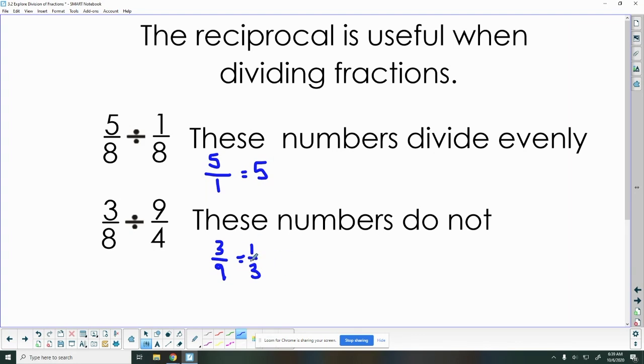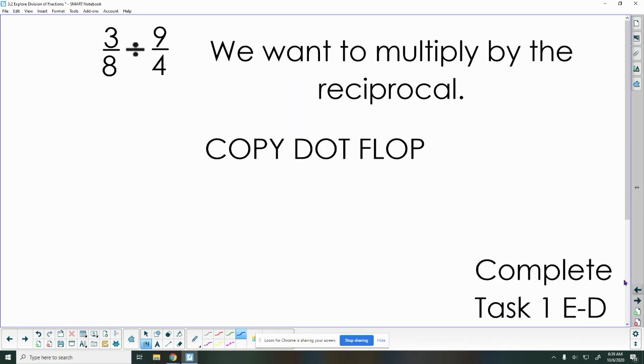That didn't end up in a nice whole number. 8 divided by 4 is 2, but I can't have 1/3 over 2. I can't have a fraction on top of a fraction. That just doesn't work. So that's where our multiplicative inverse or the reciprocal is going to come in handy. So we take our dividend, what we have.